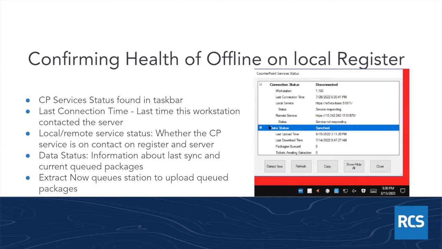In the data status area, we can see whether offline considers itself to be synced. You can see the last time it uploaded sales to the server, the last time it downloaded configuration information from the server, and the number of packages queued and the number of tickets awaiting extraction.